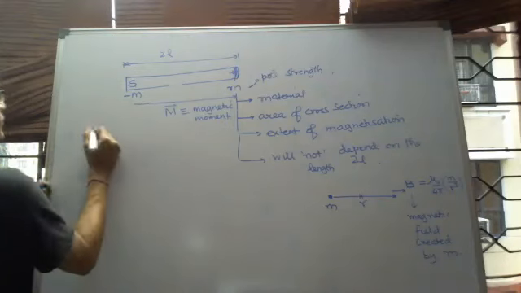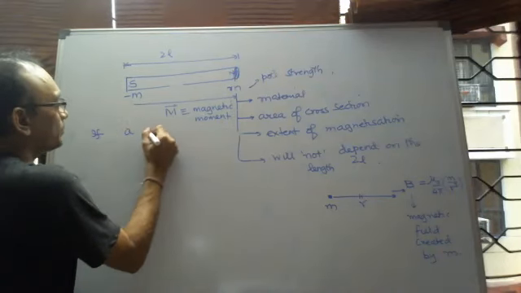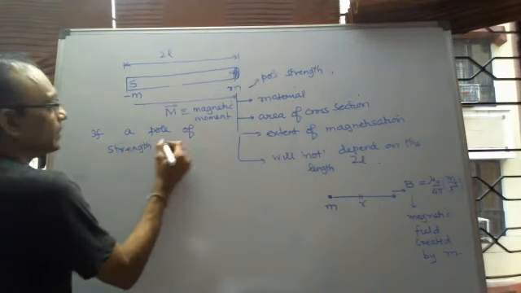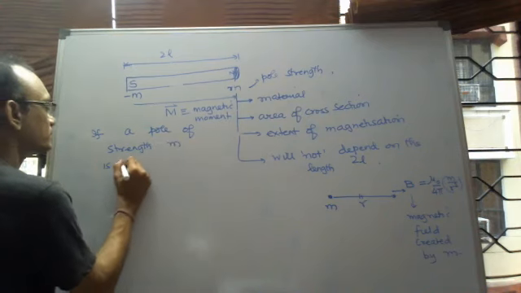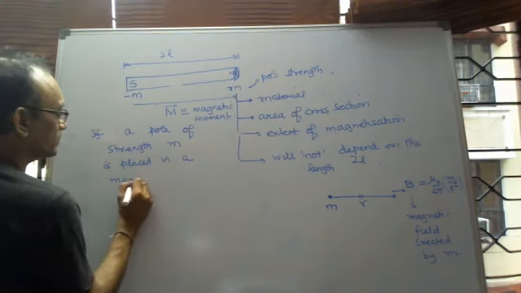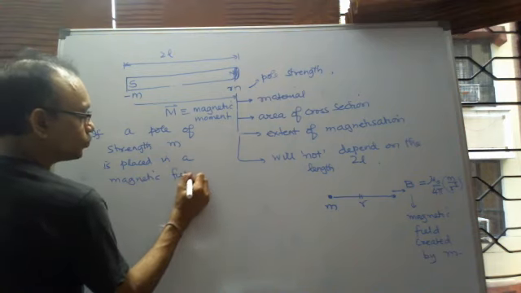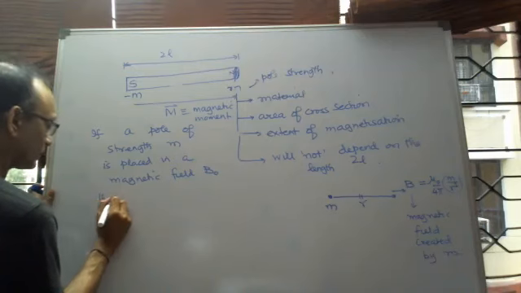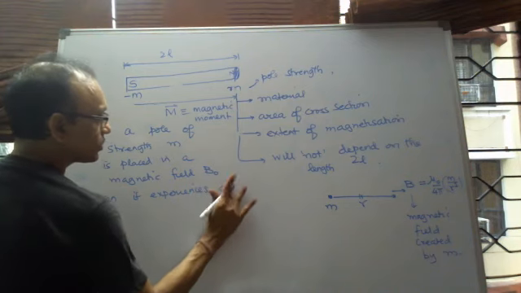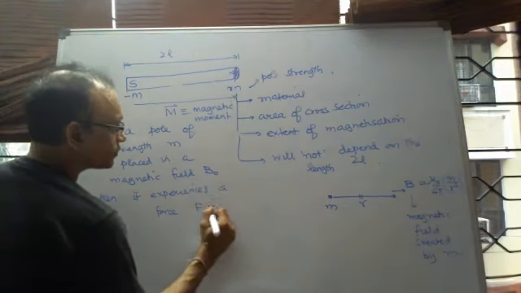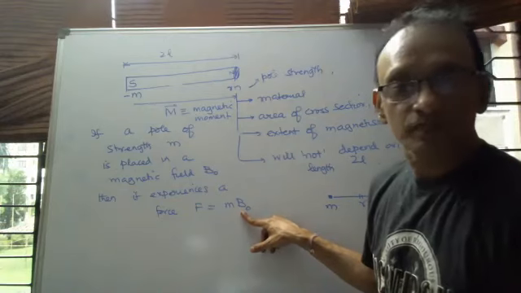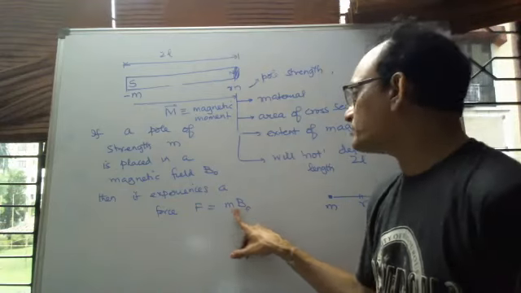Now, also, if a pole of pole strength M is placed in a magnetic field B naught, then it experiences a force F equal to M into B. B naught is the force experienced by a unit pole; for a pole of pole strength M, this is the force experienced.